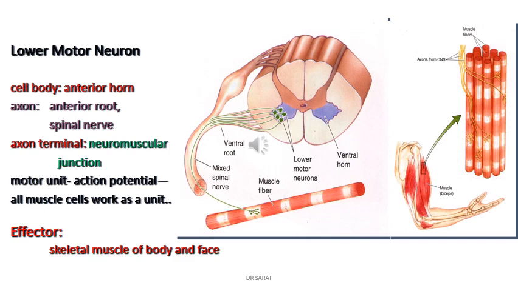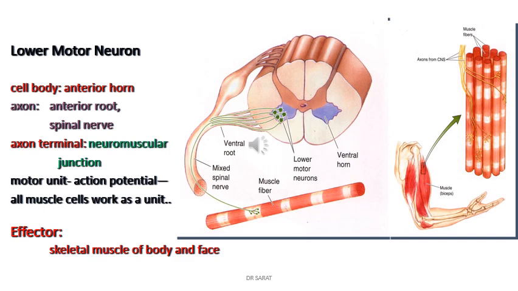The axon terminal is ending in the muscle fibers of the skeletal muscles, and that joining place is called a neuromuscular junction, or a myoneural junction, or a motor end plate. It is also called by similar names. And you can see how the axon terminals are winding around the muscle fibers and are connected by means of the neuromuscular junction.